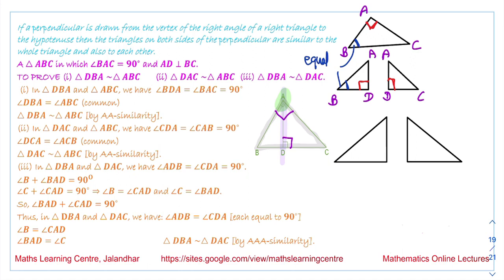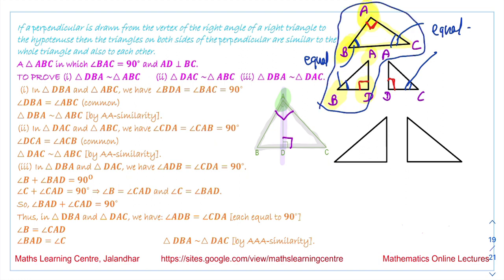Then the angle at C and this angle at C are also equal. These are the same angles we are talking about. So if we are talking about triangle ABC, the angle at A is equal to the angle at D, and the angle at B is equal to the angle at B. So by AA similarity criteria, both these triangles are similar.